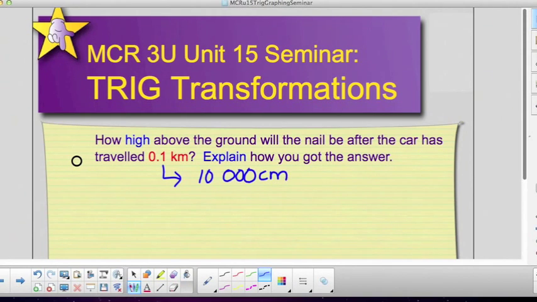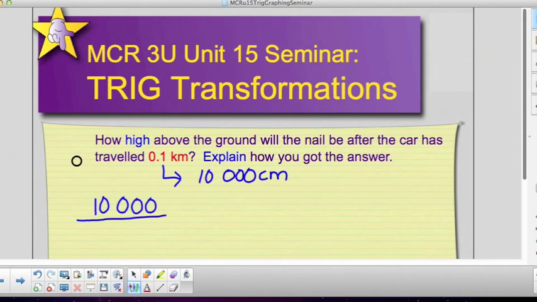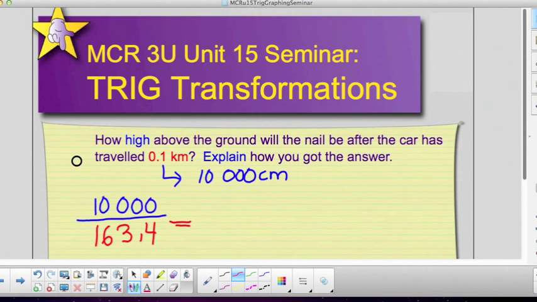So if we take 10,000 and divide it, it says how high above the ground will the nail be after the car has traveled that many centimeters. We take our period. We always divide by our period, which in this case is 163.4, to get a value of 61.2. This tells us how many cycles.